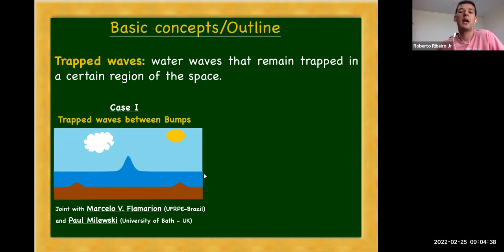In this talk, I will consider two cases of trapped waves. Case one, when we have a wave that remains trapped between two bumps. This is ongoing work in collaboration with Marcelo Flammarion from Universidade Federal Rural de Pernambuco, in Brazil, and Paul Milewski from University of Bath, UK.